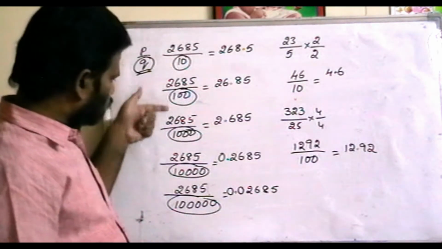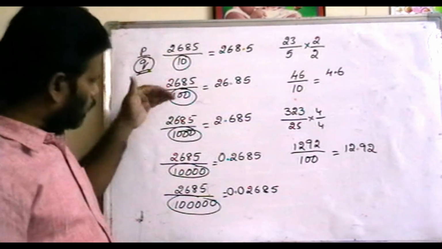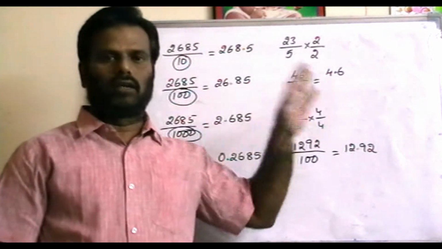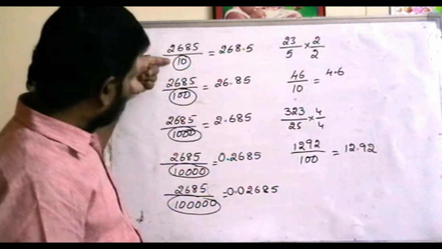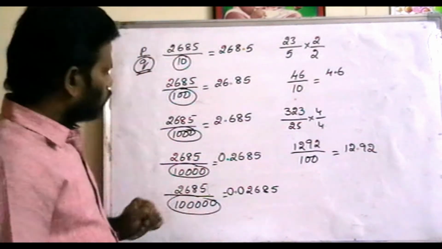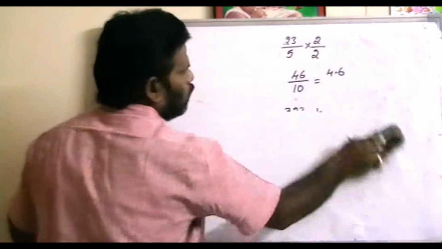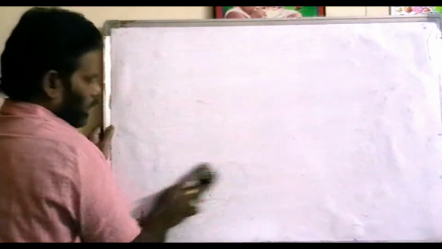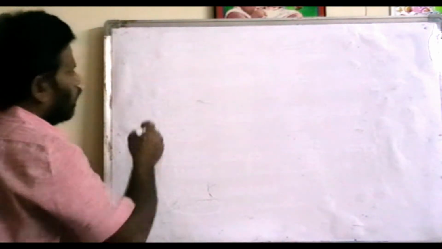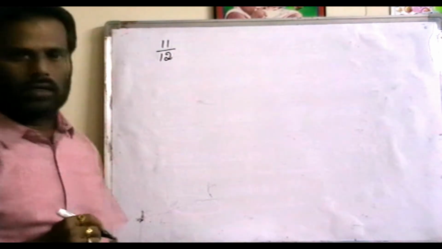If the denominators can be changed into the nearby round figures, meaning 10, 100, 1000, 10,000, and so on, then we can say that they are terminating decimals, because if they are in round figures, they are terminating decimals only. Now, terminating decimal or non-terminating recurring decimal? For example, 11 by 12.